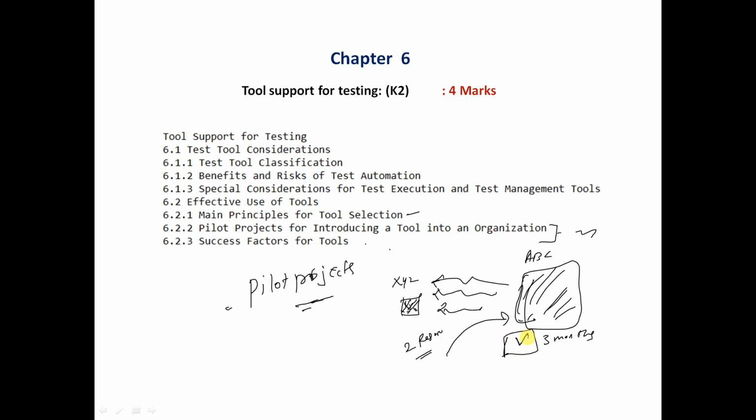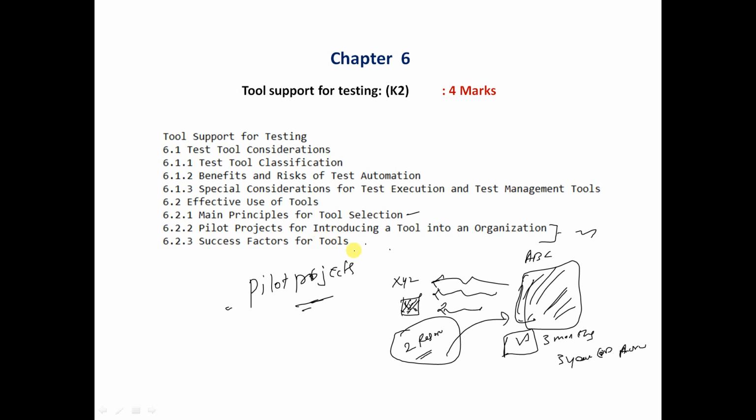If they successfully complete the project, then the ABC company is ready to provide a project of 3 years or more to the XYZ company. So these two resources have to prove themselves competent enough to complete the project given by ABC. The task they are handling is called a pilot project.